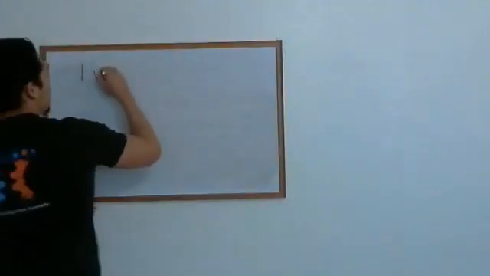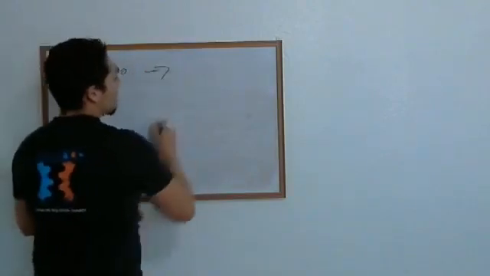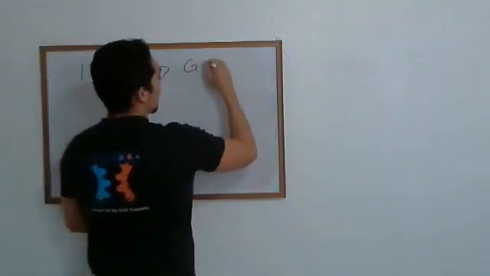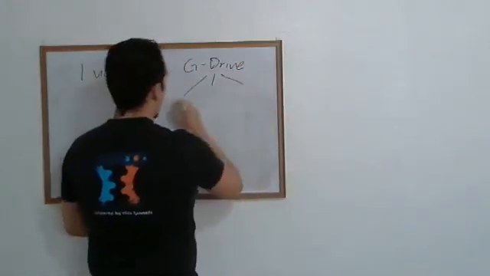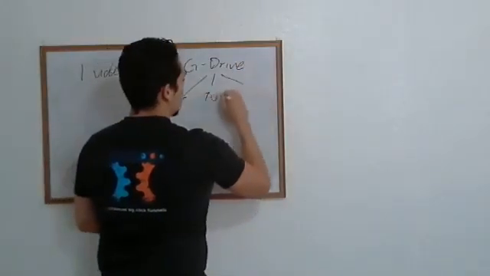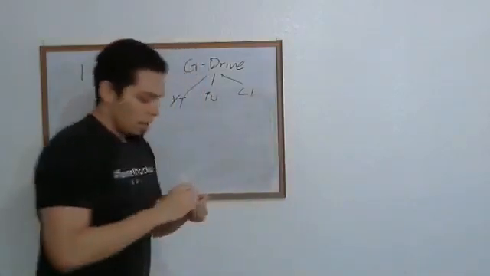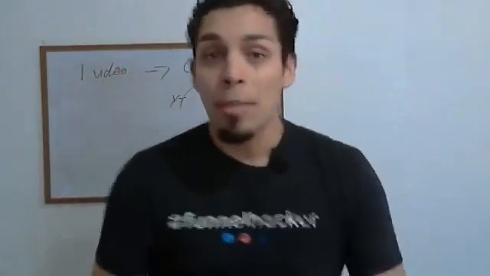And this is how I map out content. It goes from one video here, it gets sent to a G Drive folder, and then automatically gets sent to YouTube, to Twitter, to LinkedIn, and then it gets chopped up even further.